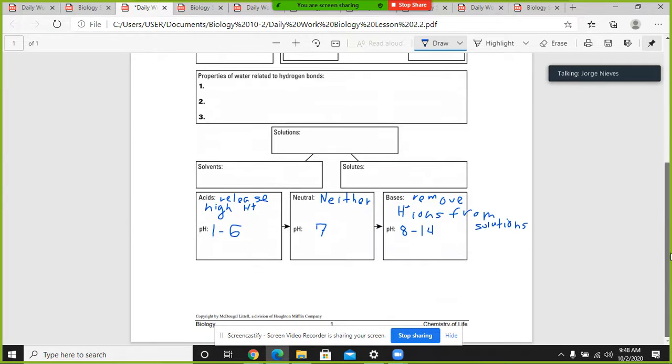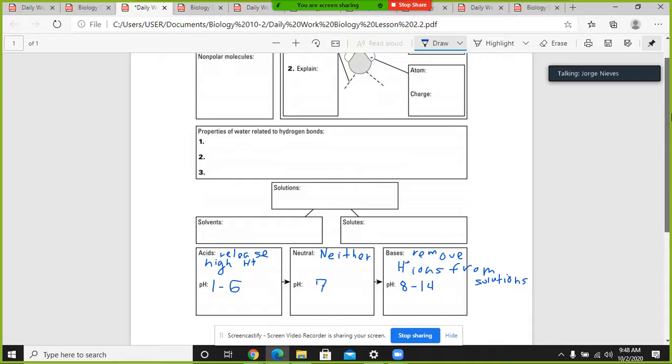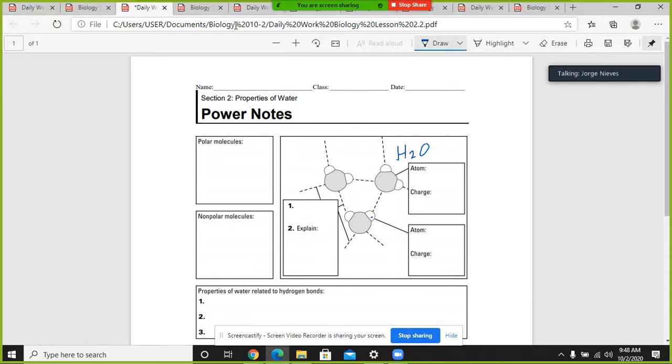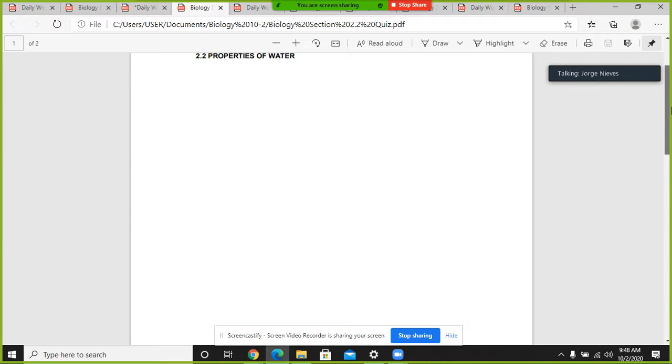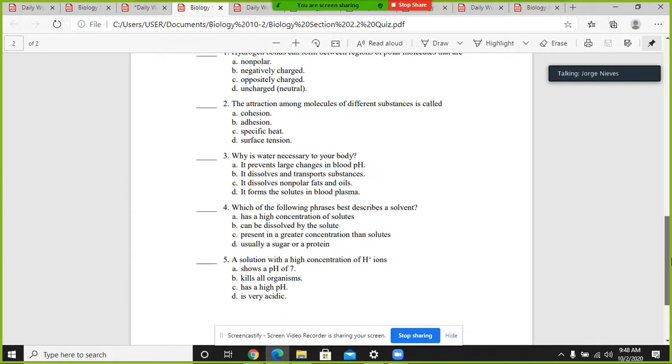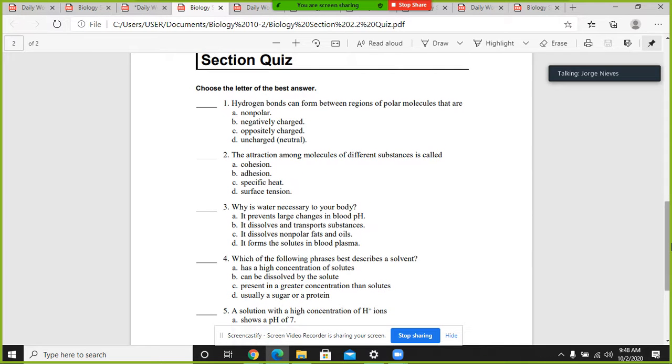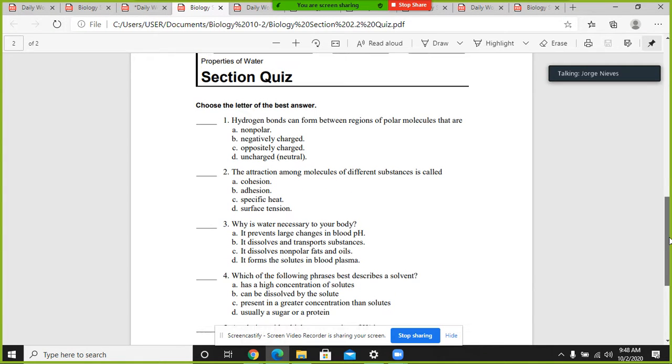Perfecto, vamos a continuar. So now we're going to discuss the quiz of properties of water. So you're going to help me in this quiz. Who can read number 1 very quick, please? Dale, Elian. Perfecto.